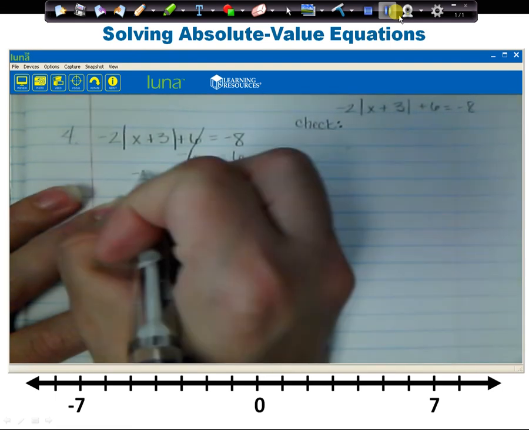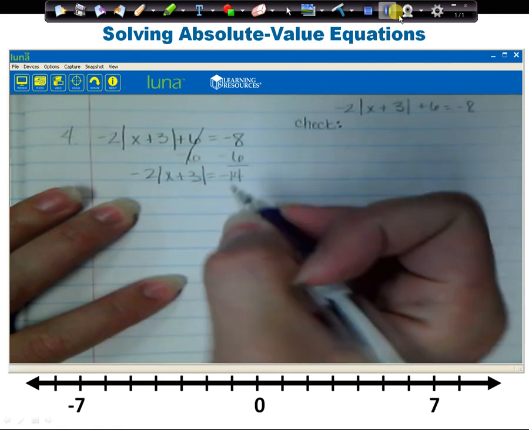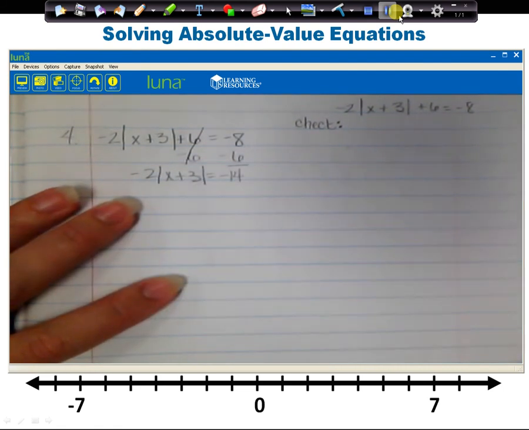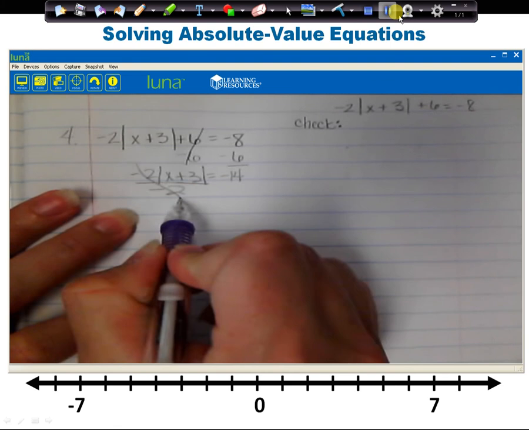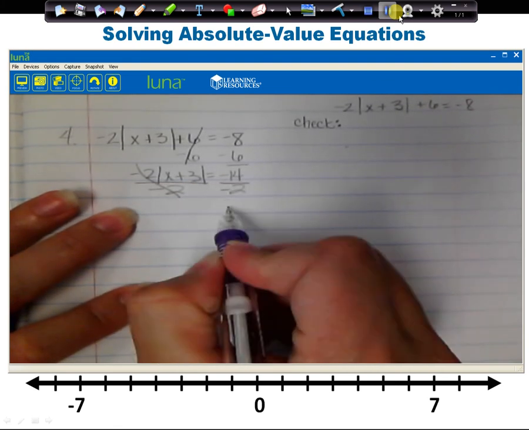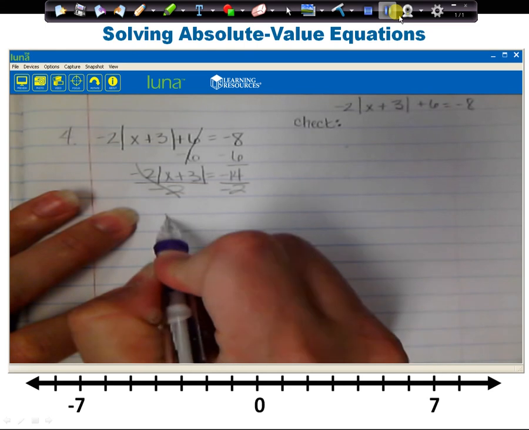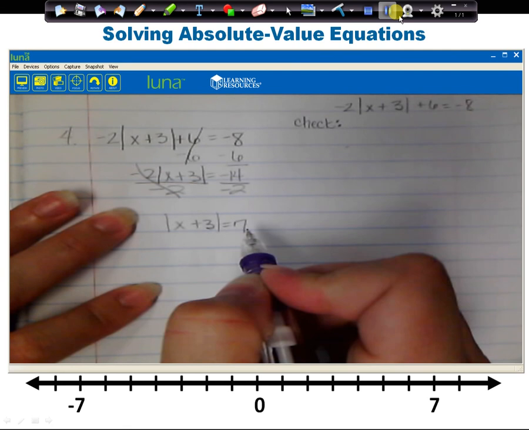And I'm going to bring down my -2, my absolute value bars, and my x plus 3, my equal sign. So now I have to divide both sides of the problem by -2 to get this -2 to cancel. So I'm going to divide this by -2, which cancels that. And I'm going to divide this by -2, which gives me a +7. So the absolute value of x plus 3 equals 7.